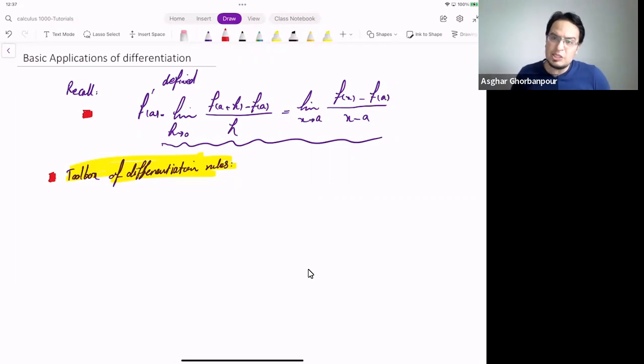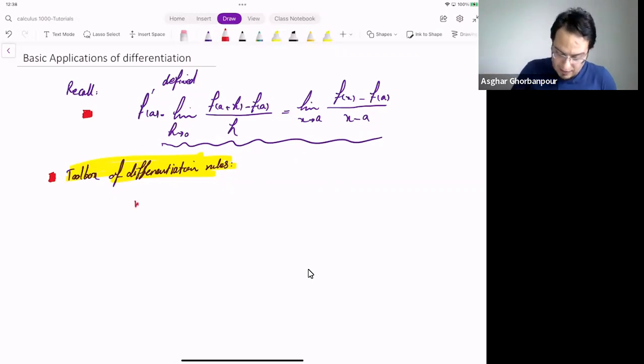But for functions like trigonometric functions, irrational functions, or polynomials, all these differentiations can be done using this differentiation tool.